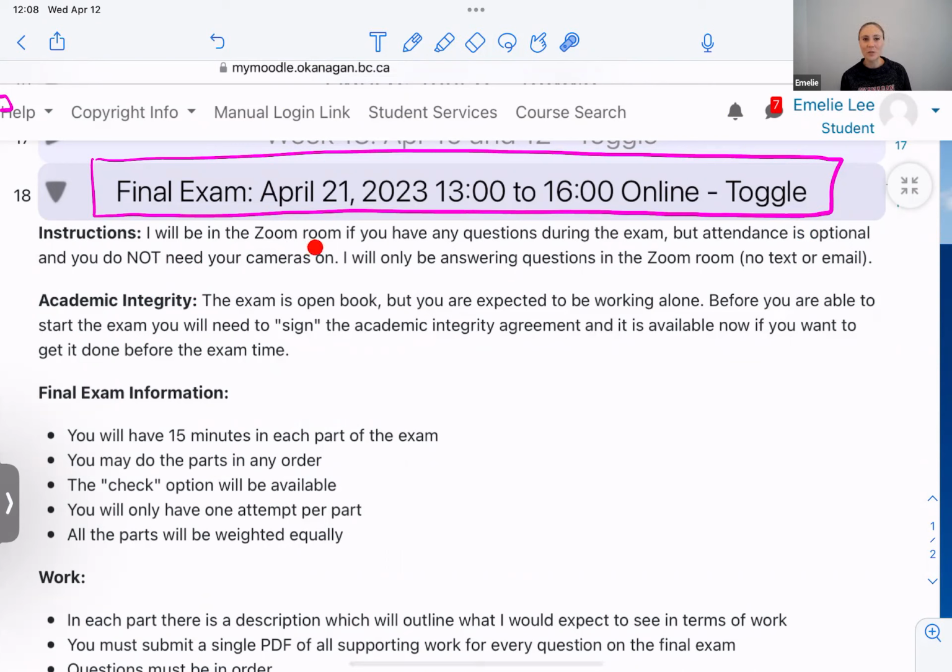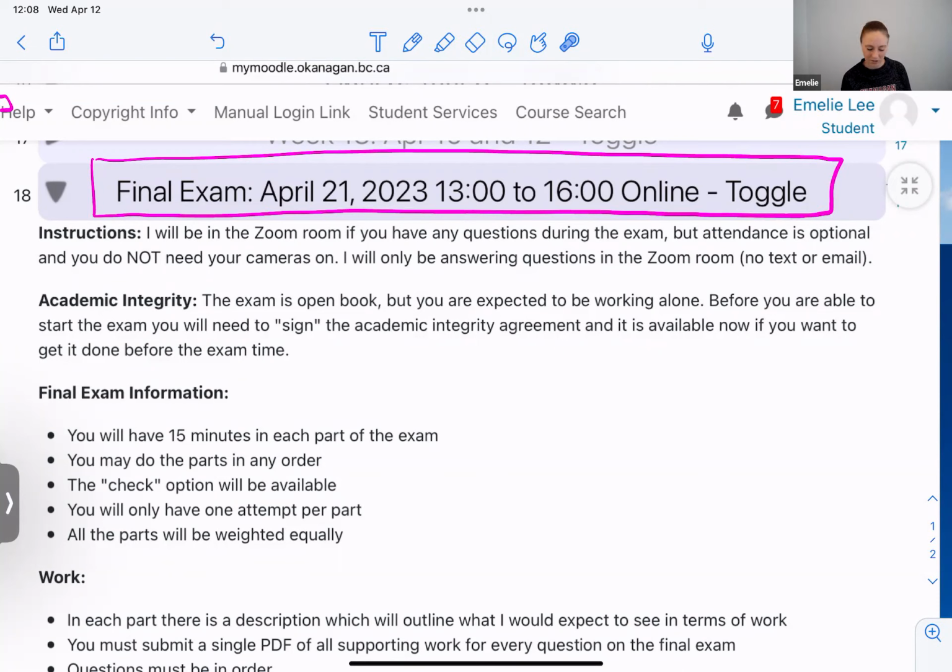I'll be in the Zoom room if you have any questions during the exam, but you don't have to be there. If that's stressful to you, you don't have to be there. You can come into the Zoom room if you have a question and then leave. That's totally fine. I'll be doing other things, so you might have to keep my attention.